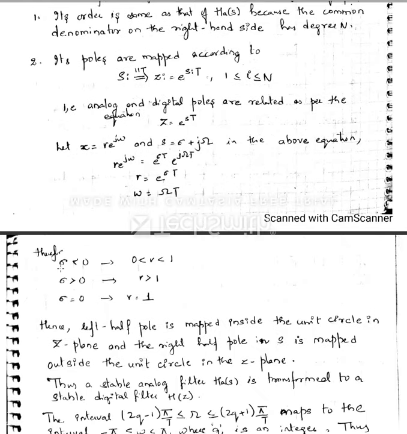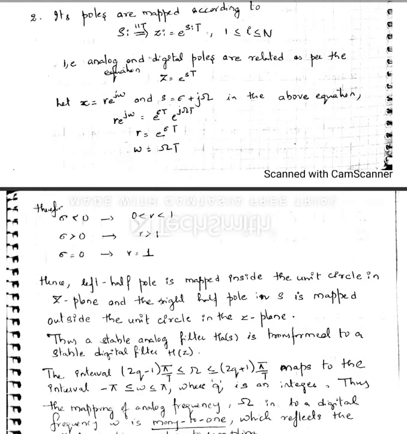Here I have written, if sigma is less than 0, that means r value is this. Sigma greater than 0, r is greater than 1. If it is 0, r is 1, the same as that plane conversion. So they say the left half poles of the S plane will be mapped inside the unit circle of the Z plane, and the right half poles of the S plane will be mapped outside.